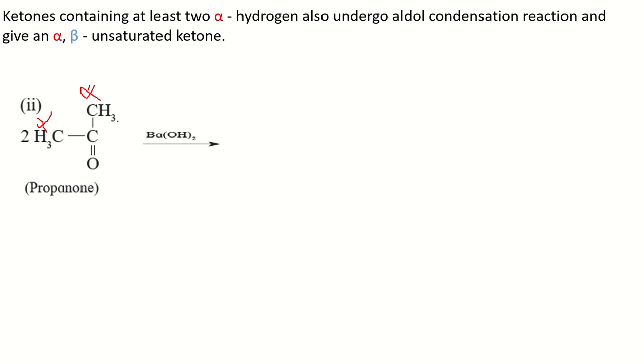First, the reaction takes place with one propanone with barium hydroxide to form the nucleophile, like the previous reaction. Once the nucleophile forms, the negative part of the propanone attacks the second molecule of propanone.